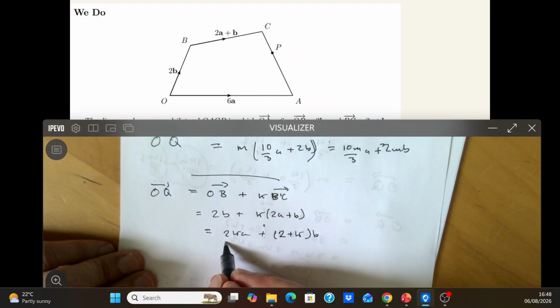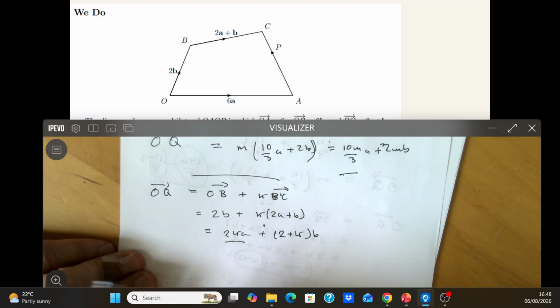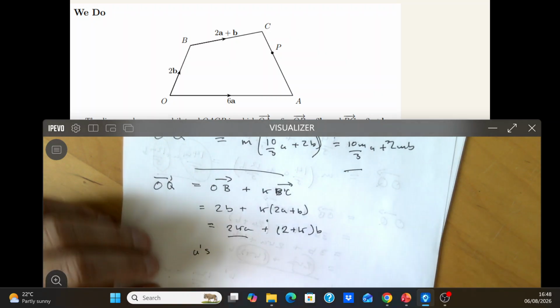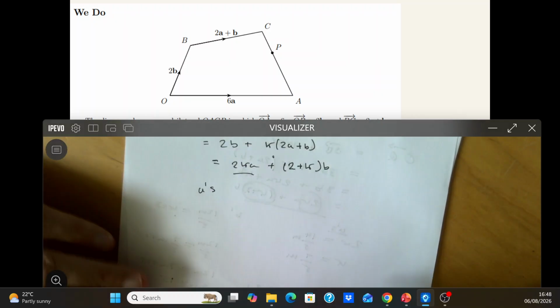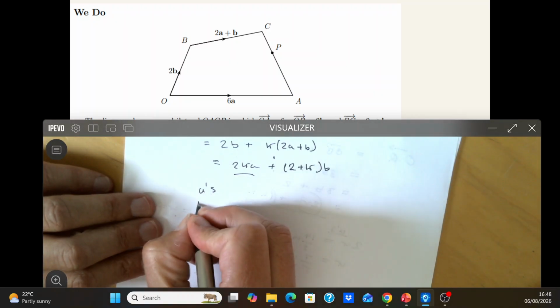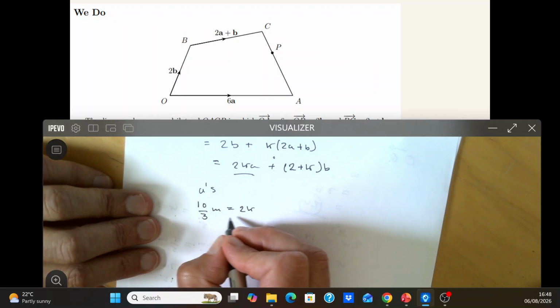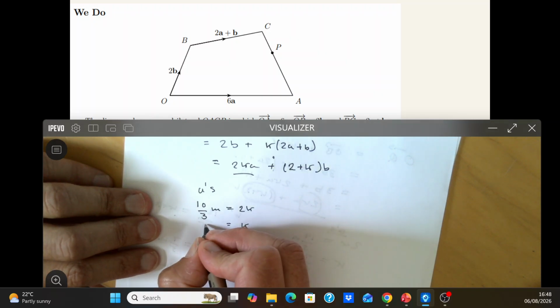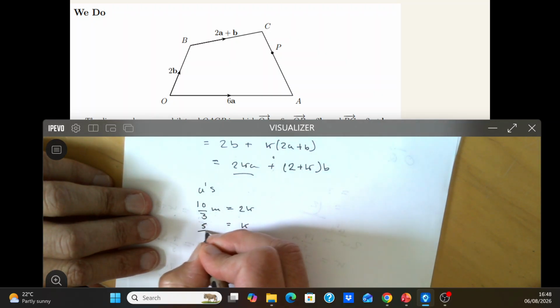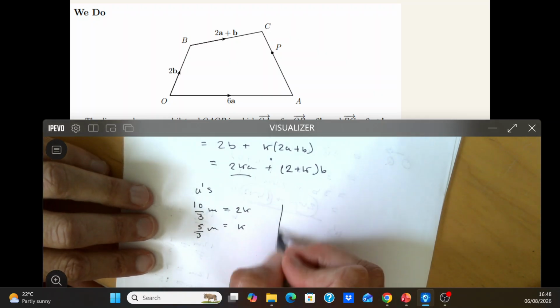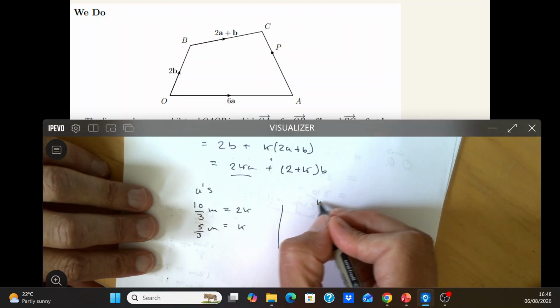What do we know this and this are? So I'm going to write my A's. I'm now going to use this in my B's.